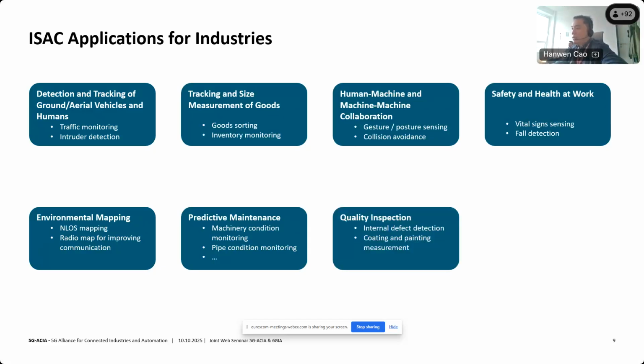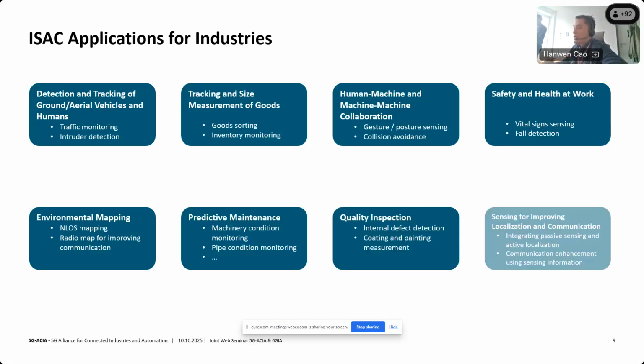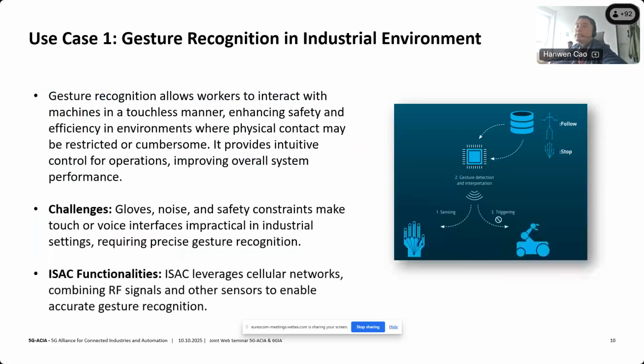Quality inspection: RF sensing has also some unique benefits to inspect the quality of the outcomes of production. And also to improve localization and communications, to integrate sensing and communication together and explore the mutual benefits.